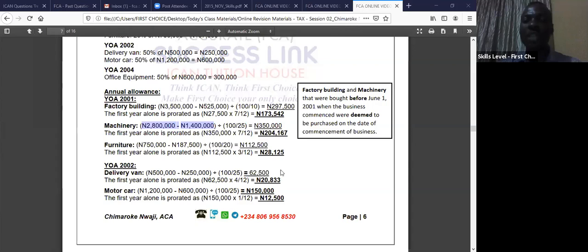So 1.4 million divided by 4 years will give me 350,000. That is why 350,000 is the normal annual allowance we are going to be charging on machinery. For the first year alone, it will give you 204,167. So that's how we got this 204,167, which we used here.